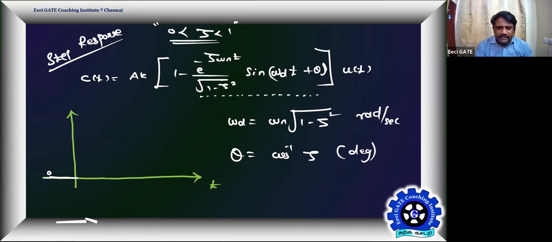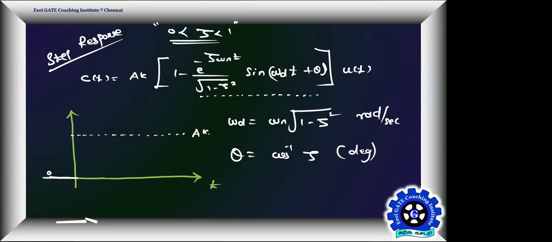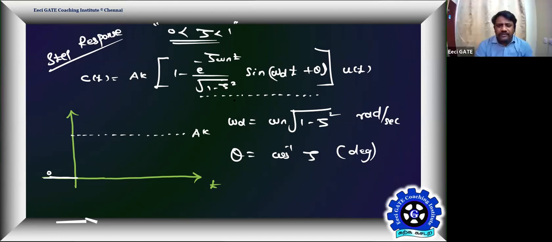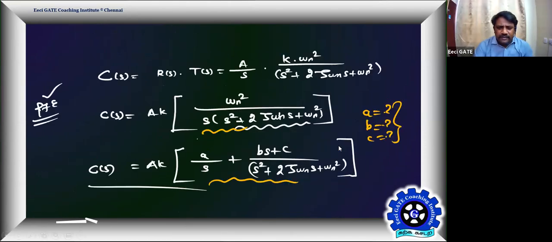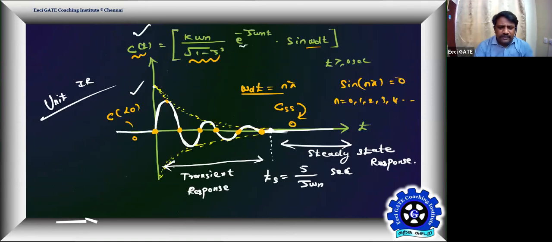Getting? E power minus infinity is 0, so the entire transient part will die out. Only 1 will remain, and 1 into AK alone will remain. So the response will reach what value? AK. All of you getting this? The transient part resembles the unit impulse response, e power minus zeta omega n t into sine omega d t.